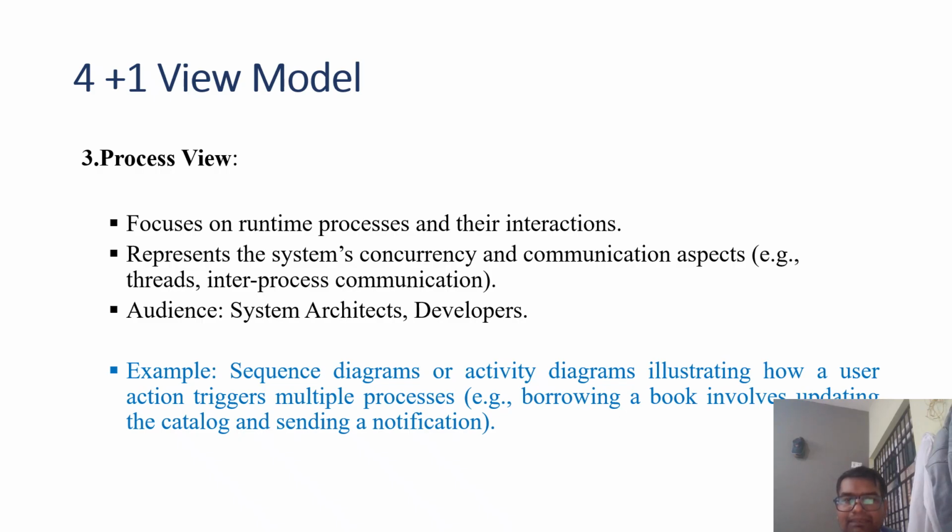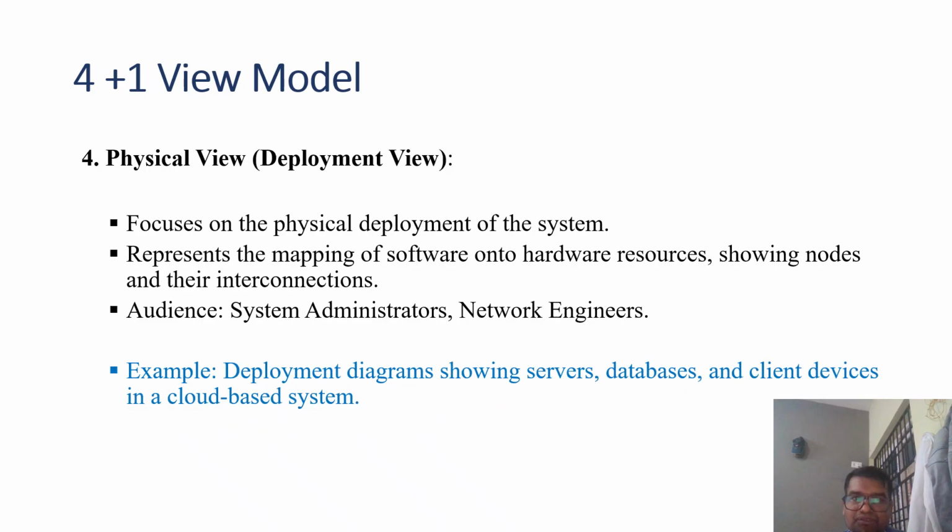Examples are threads and inter-process communication, and the audience for the process view is system architects and developers. Sequence diagrams or activity diagrams illustrate how a user triggers multiple processes. For example, borrowing a book involves updating the catalog and sending the notification. In UML, the sequence diagram, communication diagram, and activity diagram come under the process view.